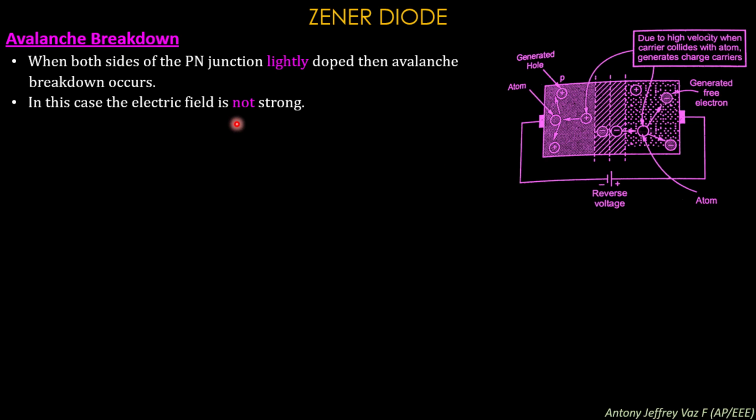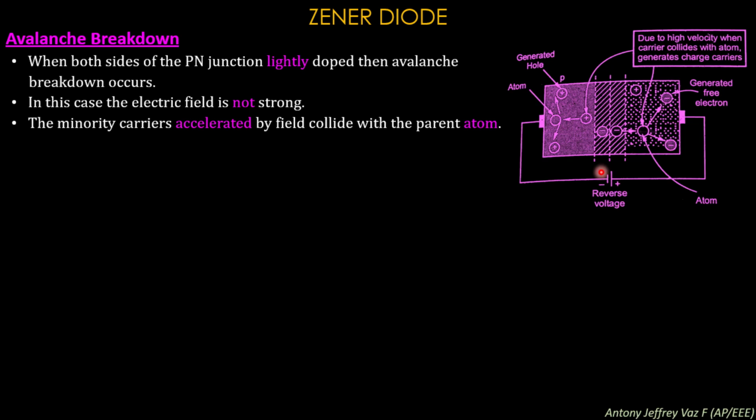Because the depletion region is so wide, the electric field will not be strong. So the avalanche breakdown takes place instead of Zener breakdown.